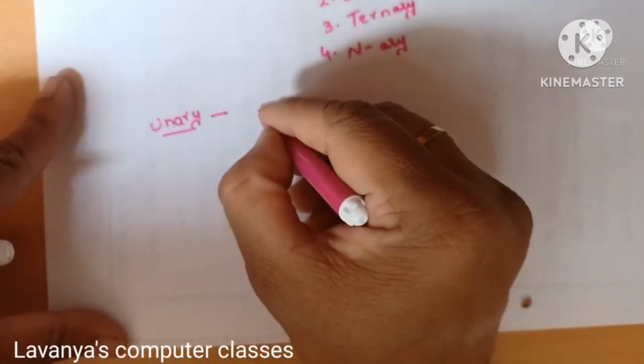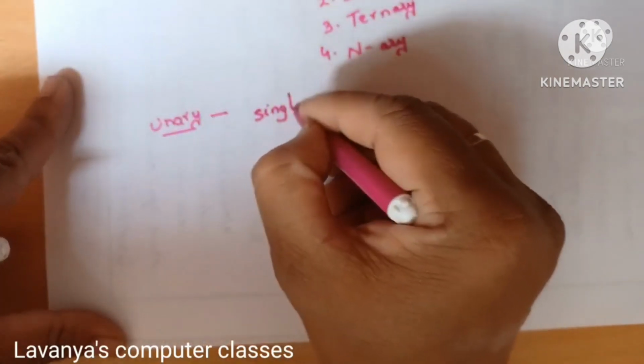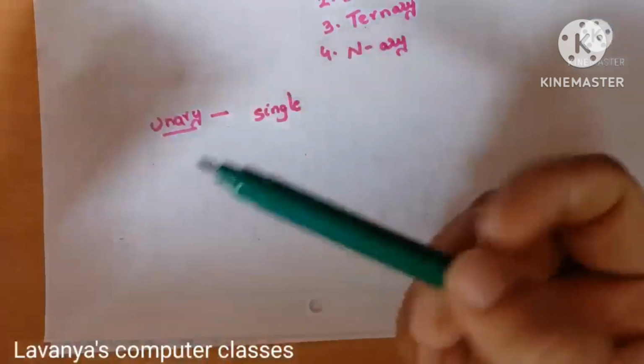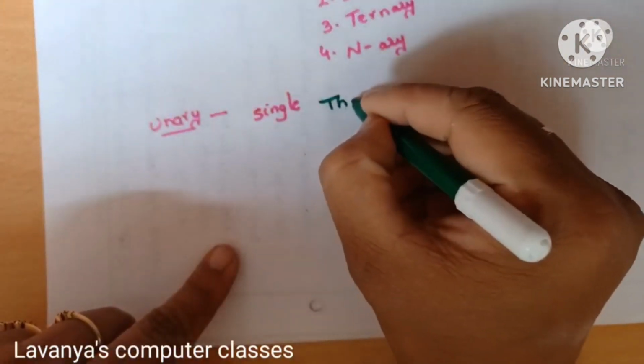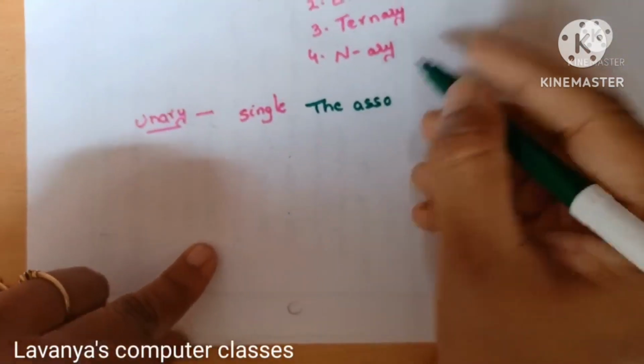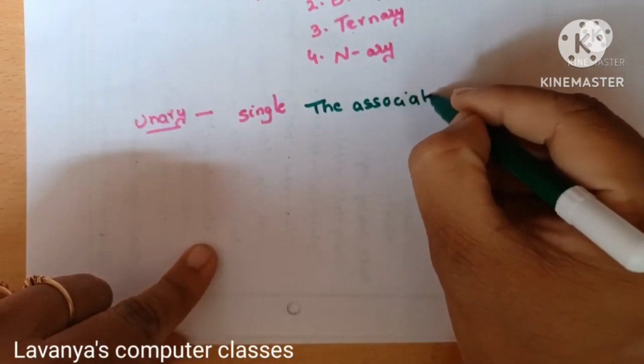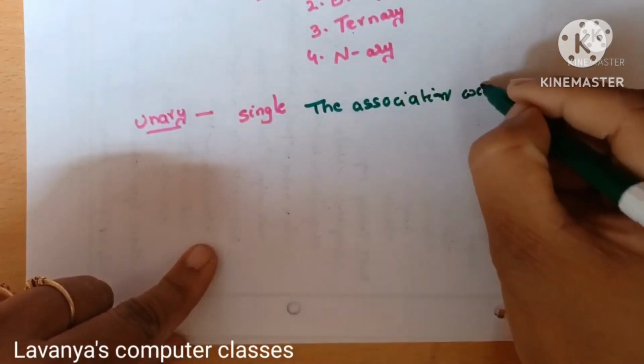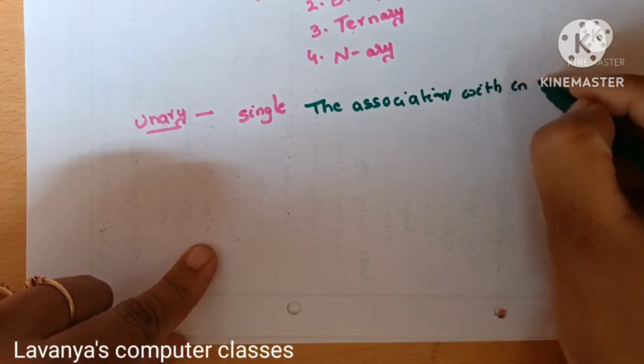Unary relationship. Unary means 1, single. That means in this relationship, the association is with only one entity set. The association with only one entity set is known as unary relationship.